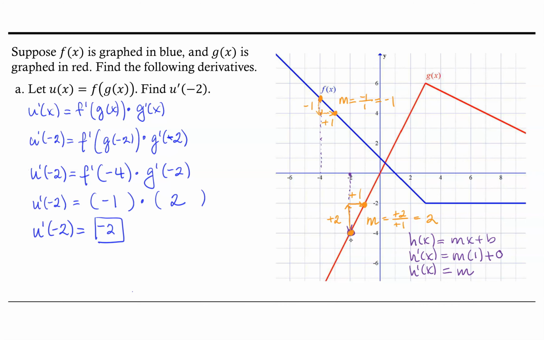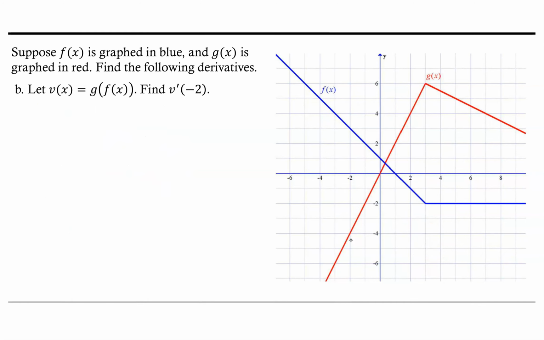Let's go ahead and look at another example. In this example, we still have the same graph, but the function that we're trying to find the derivative of is different. We have v of x, and v of x is equal to g of f of x. So we're going to proceed in a manner similar to what we did before.